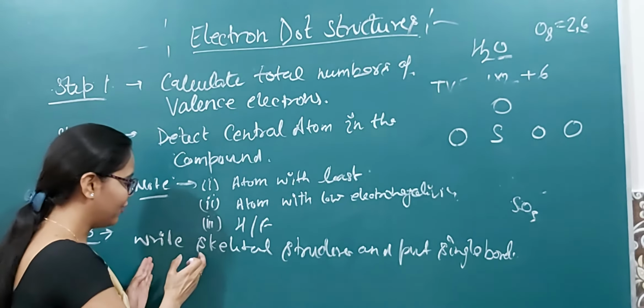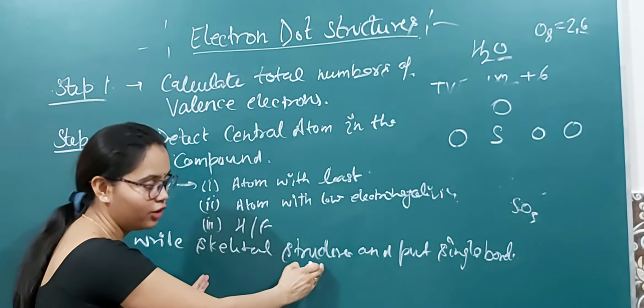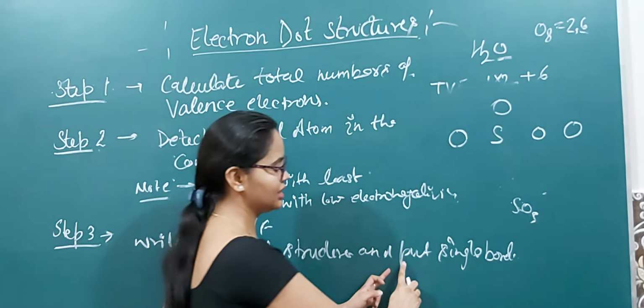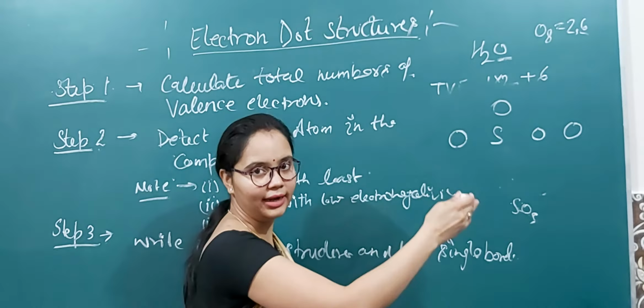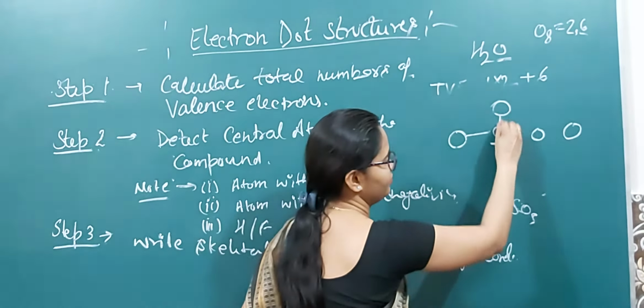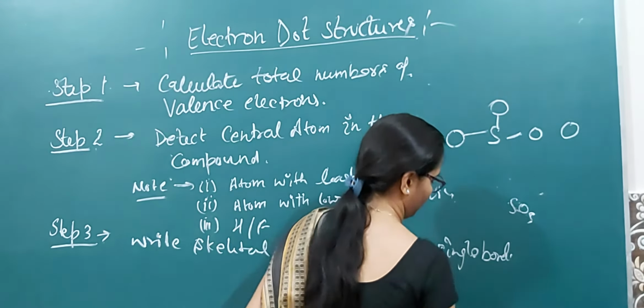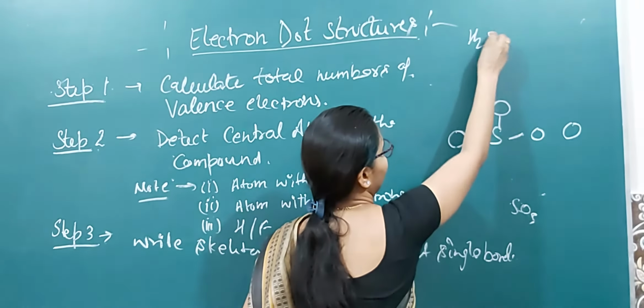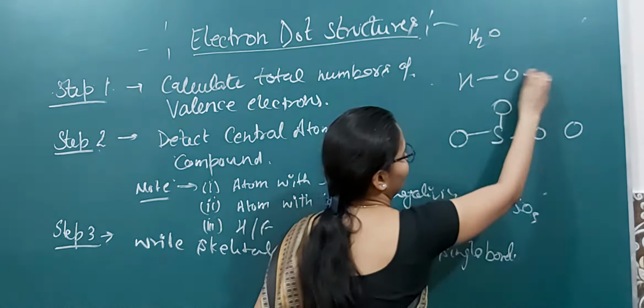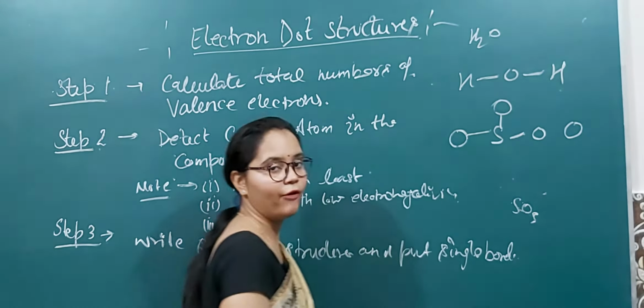So after writing the skeletal structure, what will you do? You will put a single bond between all the atoms, like this. As we are talking about hydrogen oxide, meaning water, in water you will do it like this. Why?